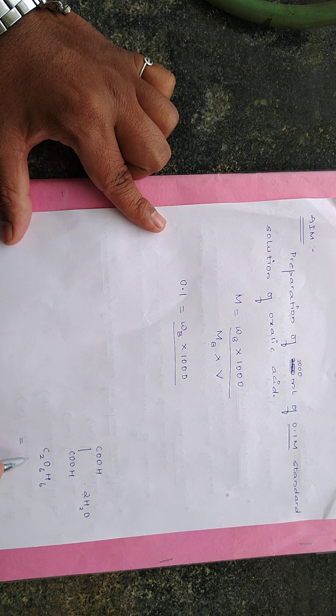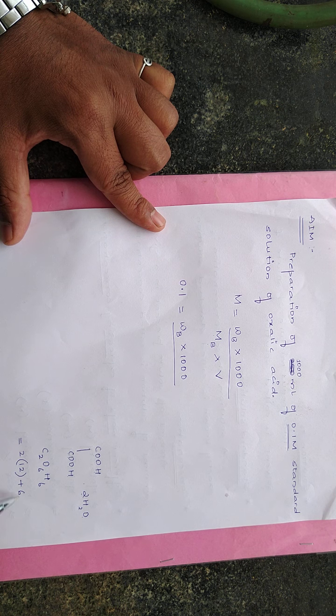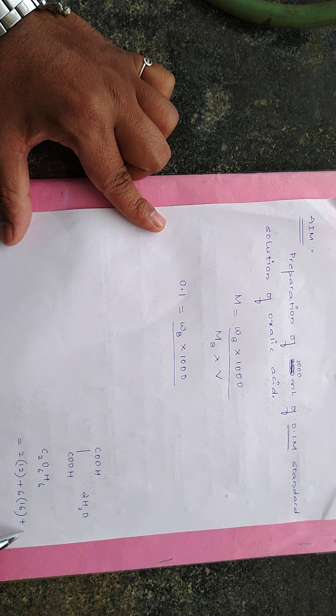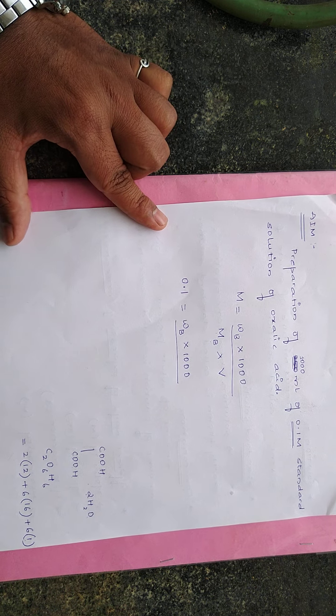So let us find the molecular mass of this. There are 2 carbon atoms multiplied by its atomic mass, that is 12, plus 6 oxygen atoms multiplied by its atomic mass, plus 6 multiplied by the atomic mass of hydrogen.